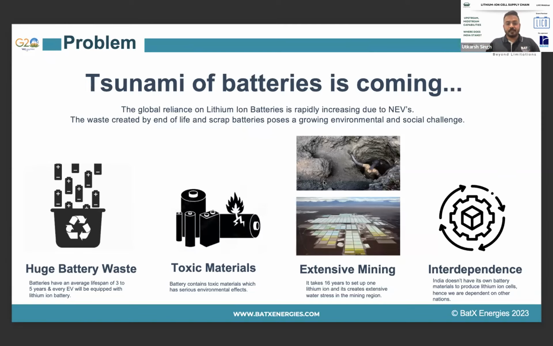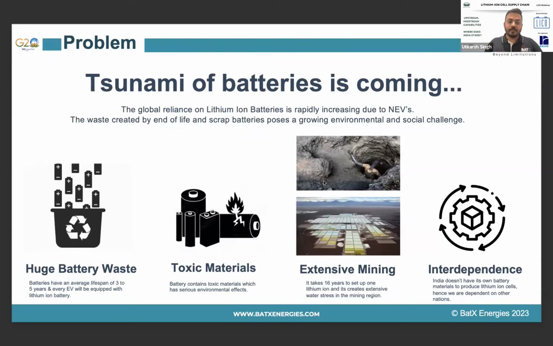Now, the second part is the extensive mining. So we also have to be careful with the increase of electric mobility. Yes, we all are saying that electric mobility is a cleaner approach to the automotive industry. But we have to make sure that the way materials are mined in various parts of the world is creating a lot of stress.